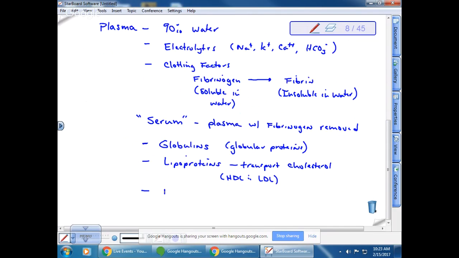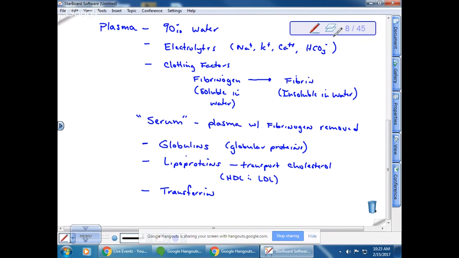We also have transferrin. So what do you think this transports? Where have you heard the word ferrin before? Iron, right? So iron, like elemental iron, like ionic iron.